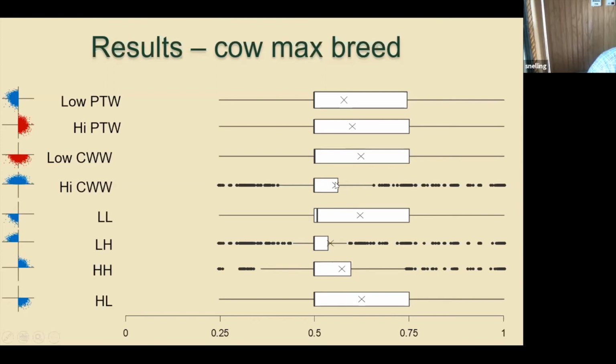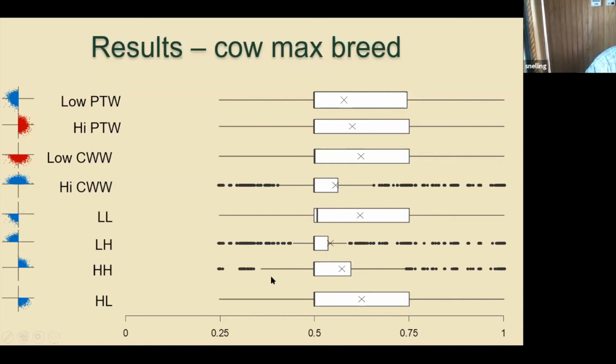The mean of the high weight weaned cows is a little over 50%, and we don't see many high weight weaned cows that are approaching purebred status of any one breed.